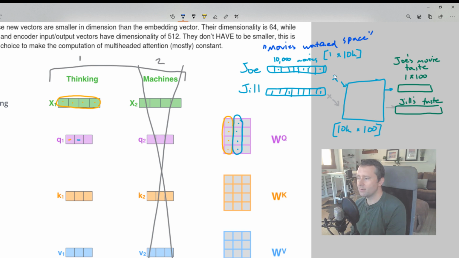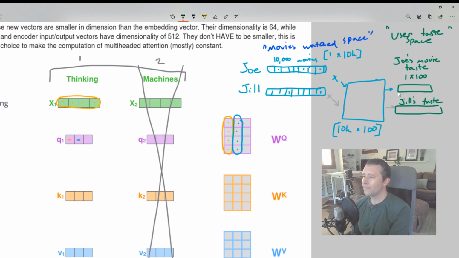And we've projected it with this matrix, and now we're in this user taste matrix space. So we've essentially just done some linear combinations of the values in the input vector, and we've created a new vector that's somehow related to the original one, but has kind of an entirely different interpretation.